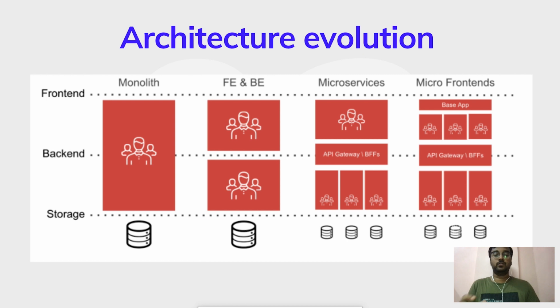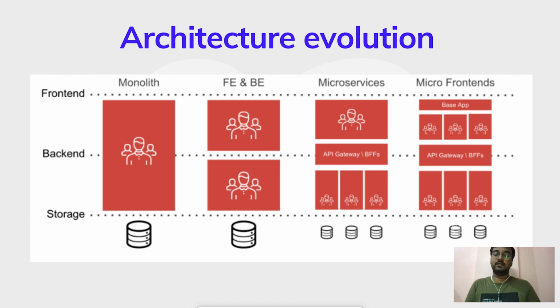Soon the evolution went forward and we got something called microservices. Microservices basically aligned each and every team in the backend based on the operation that they're doing. So if someone was creating something related to recharge, they would be assigned to a single team.